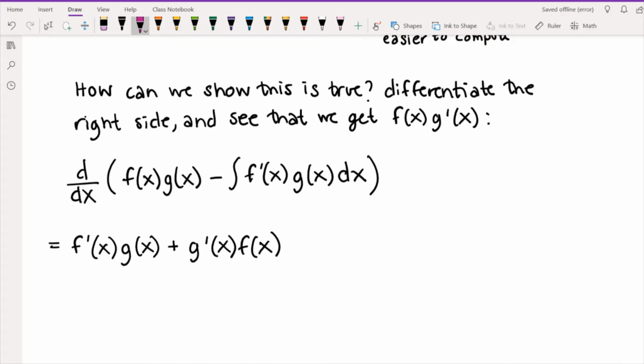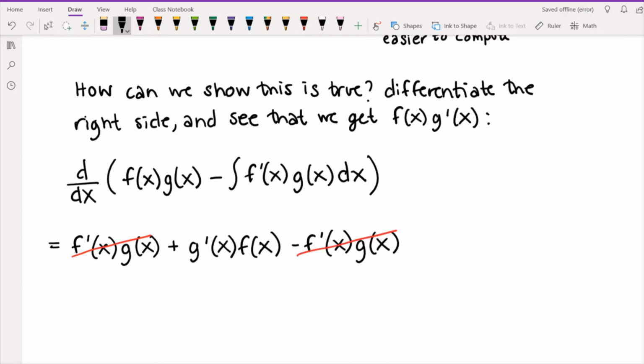It means it's the antiderivative, right? So this part here is an antiderivative. And so what happens if you take the derivative? Well, you just get the stuff on the inside, right? So this is going to be minus f prime of x g of x. And so what do we have? Well, notice that we have two parts that say f prime of x times g of x, and so those cancel out.